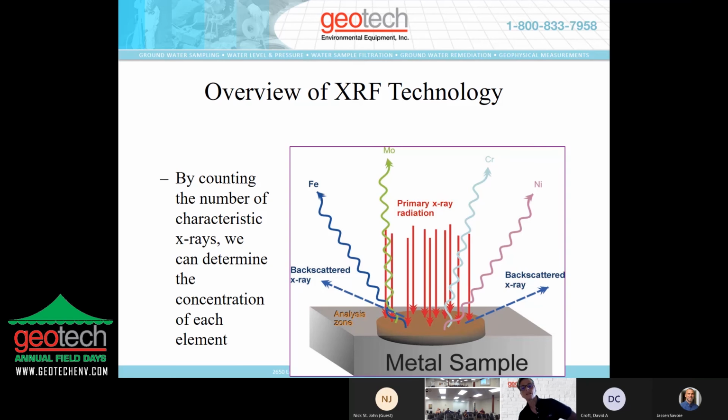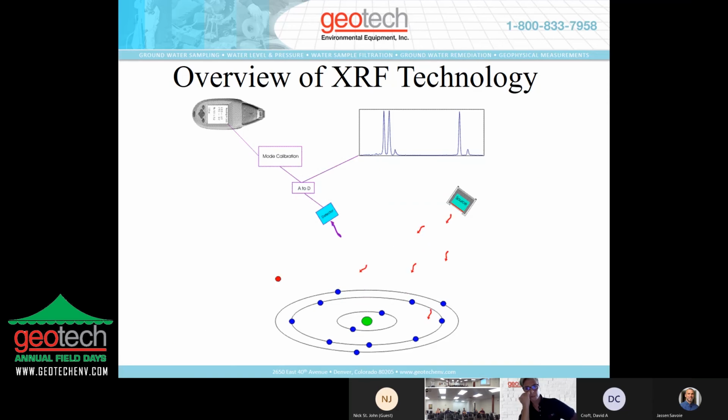We take these X-rays and quantify them and display them on the screen for you. So in a nutshell, we've got our source, whether it be an X-ray tube or a radioactive source, emitting X-rays and gamma rays into the sample. And characteristic X-rays come back to the detector. It gets shoved through a calibration. The raw data is typically saved, and the data comes up as either L shells or K shells.